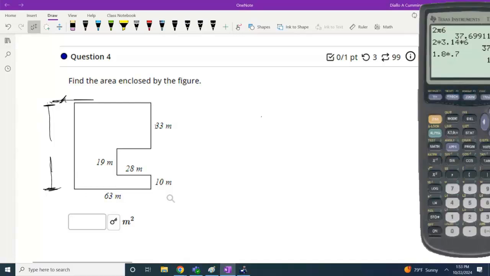So if I look at all my pieces, I have 33, 19, and 10. So 33 plus 19 plus 10, just to show where all these numbers are coming from, that's going to give me 62 meters.